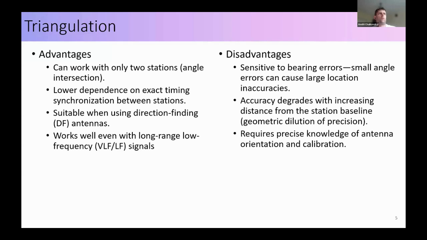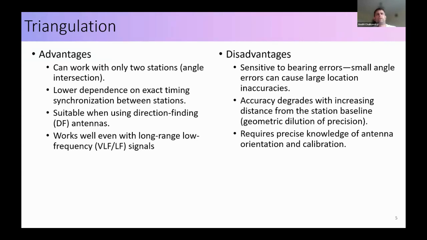It can work with only 2 stations. It has lower dependence on exact timings and hence ionospheric dispersions, suitable when using direction finding. Antennas work well even with long range, low frequency signals. But on the contrary, it is sensitive to bearing errors.